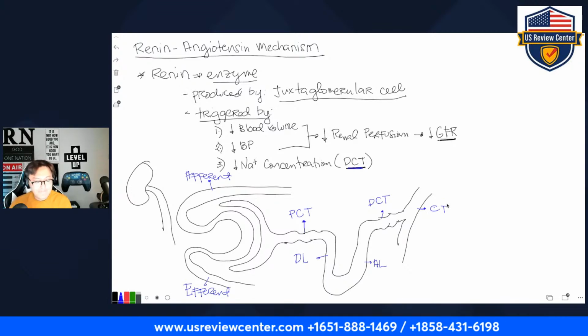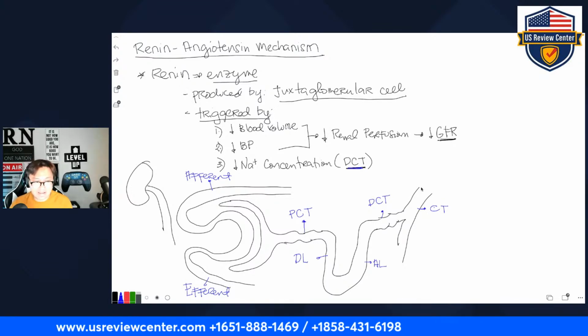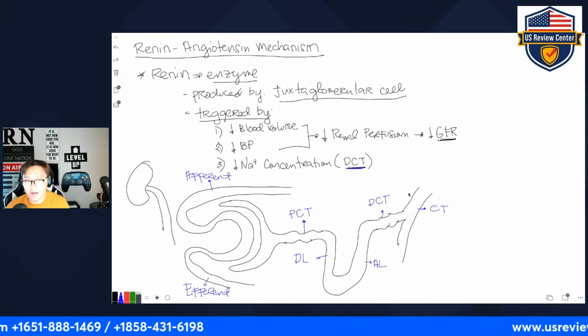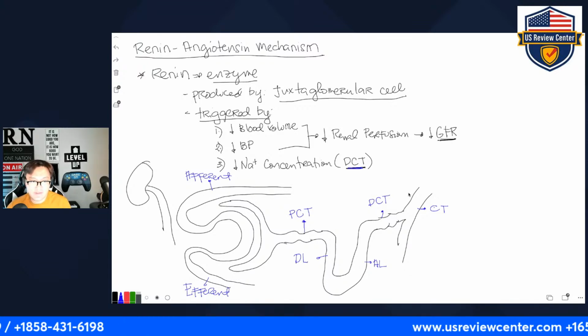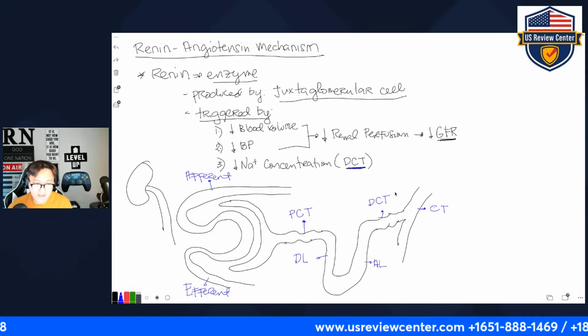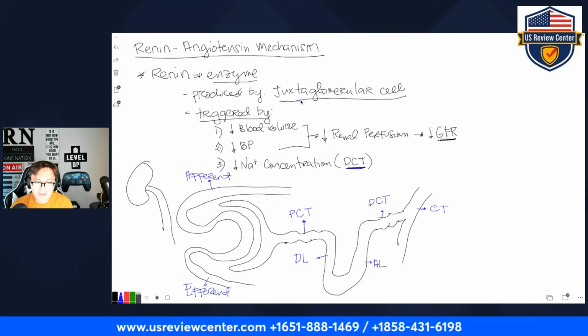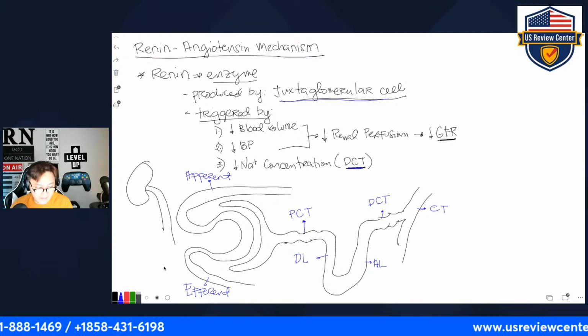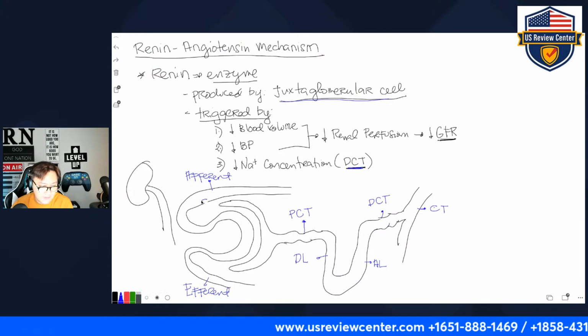Now, before I talk about renin release, there are two cells I want you to remember. I mentioned the first cell, and that is the juxtaglomerular cell. I mentioned that the juxtaglomerular cells are cells greatly found in the linings of your afferent arteriole. So you have your cells here.